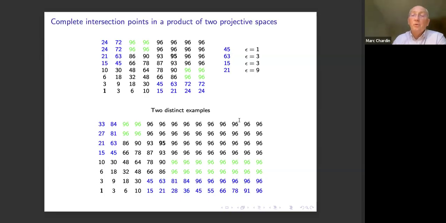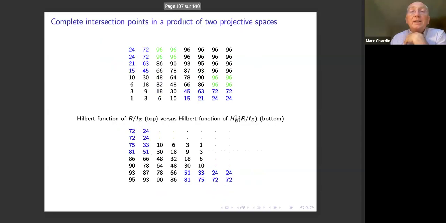So we have two different ones. Things are more visible if we replace the Hilbert function by its complement, by the dimension of H1b, where the Hilbert function is equal to the degree minus the dimension of H1b. So if you prefer, the dimension of H1b plus the Hilbert function is equal to 96.